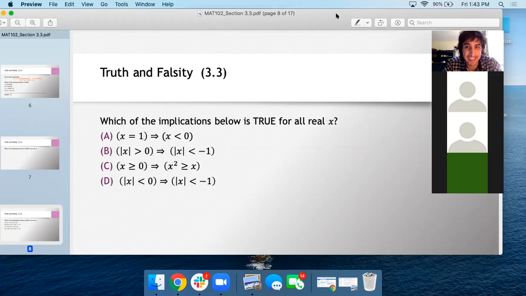This one does not appear to be going so well. Maybe I shouldn't have said that. Okay, more than 50% have voted. I'll give you another 20 seconds.